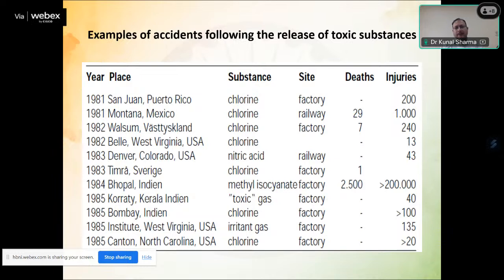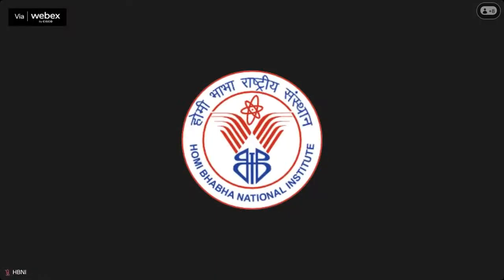So I've just quoted some examples where we can see it is again a transportation disaster of a chemical. So it is very pertinent that in case of chemical industrial disasters, we have factories, and all the factories.